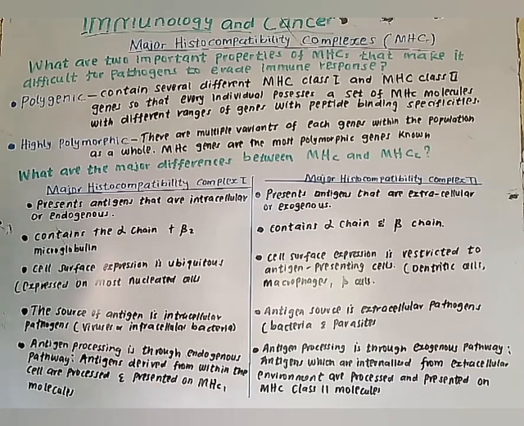Then go to the next point. Antigen processing is through the endogenous pathway. That is, antigens derived from within the cell are processed and presented on MHC1 molecules. Under MHC2, antigen processing is through the exogenous pathway. So antigens which are internalized from the extracellular environment are processed and presented on MHC class 2 molecules.